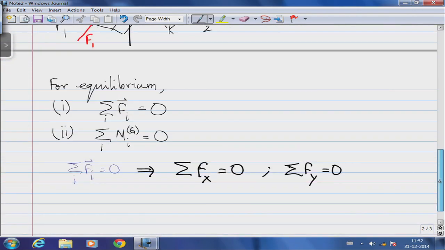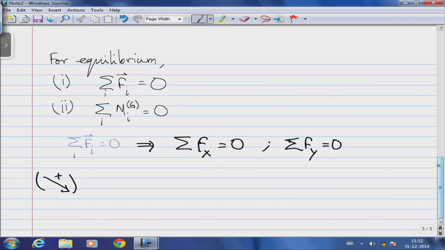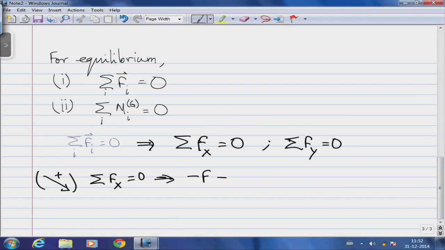So, if I now take the summation of all the forces acting on this body in the x direction, I am going to take downward positive. I am going to write this as my sign convention all the time: summation Fx equal to 0. Now, I am adding only the scalar components. This implies minus F plus F2 cosine 60 degrees equal to 0.